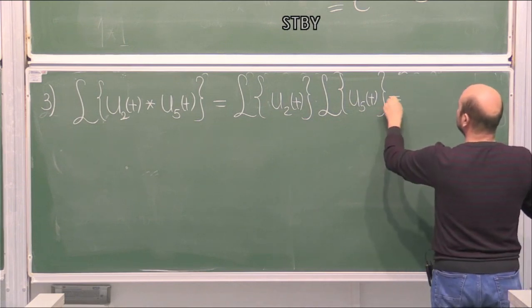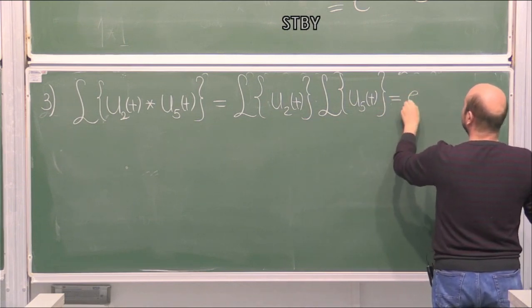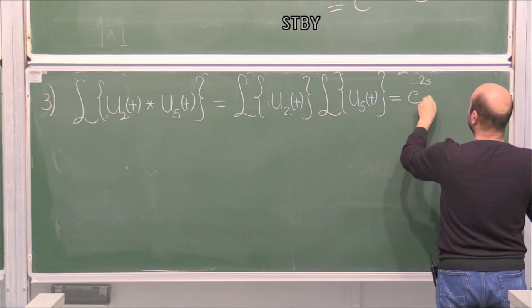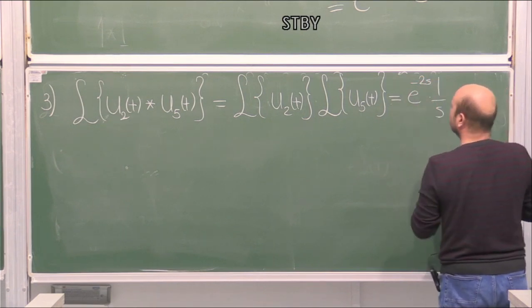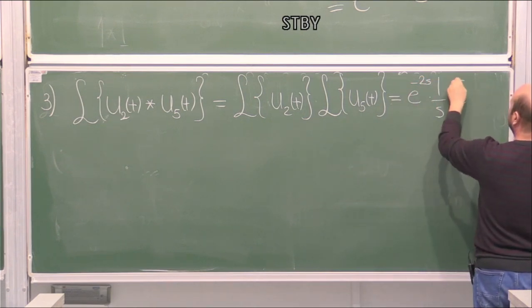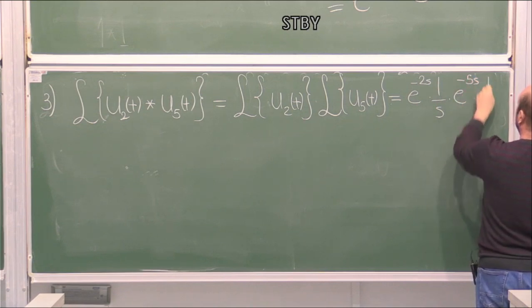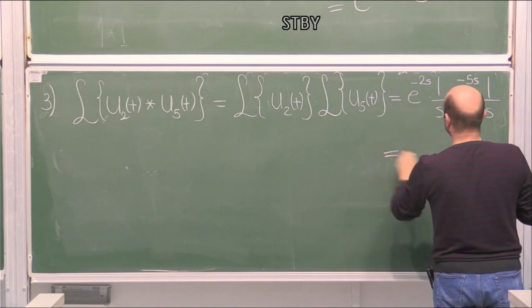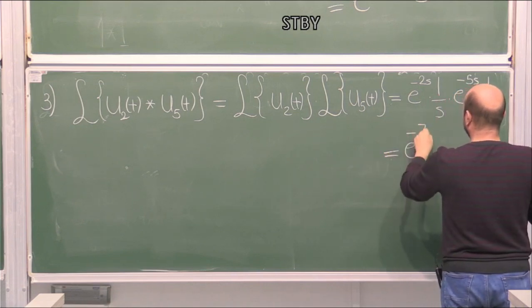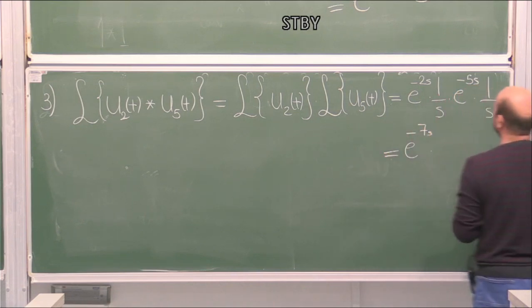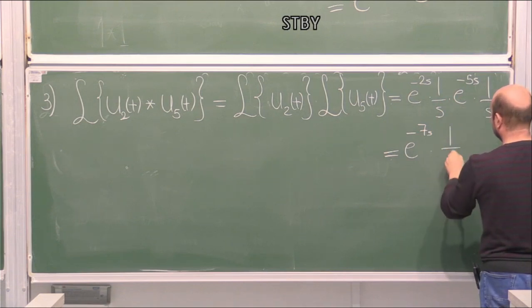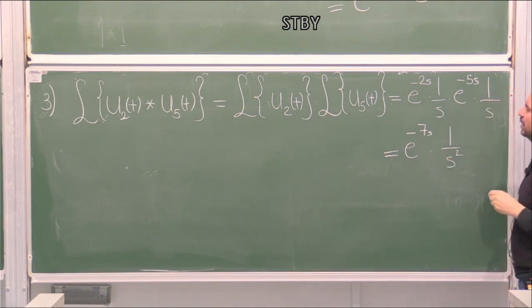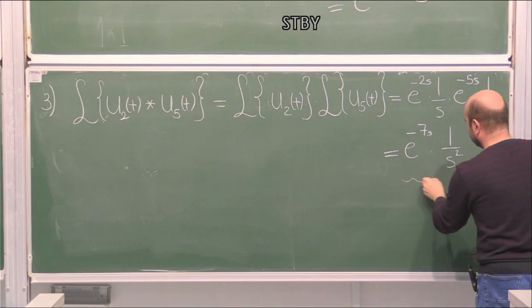So this is going to be e to the minus 2s times 1 over s, times e to the minus 5s times 1 over s, which is equal to e to the minus 7s times 1 over s squared. Now we got the result.